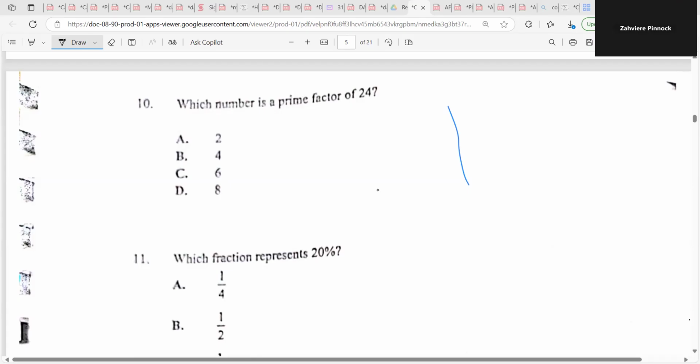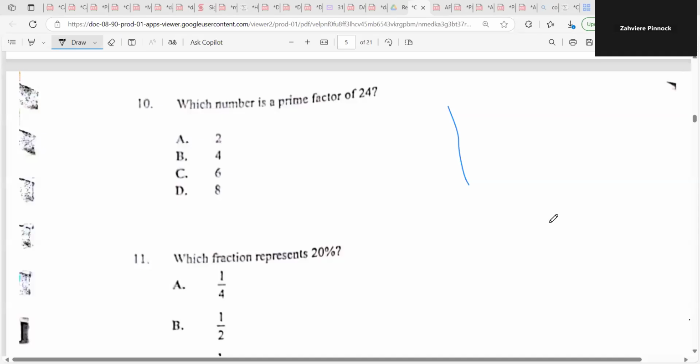So we know that a prime number is a number with only two factors, which are 1 and itself. So we know that 2 is a prime number, and it's a factor of 24. So we just leave that. B, 4. 4 has more than 2 factors. It's a factor of 24, but it's not a prime number.